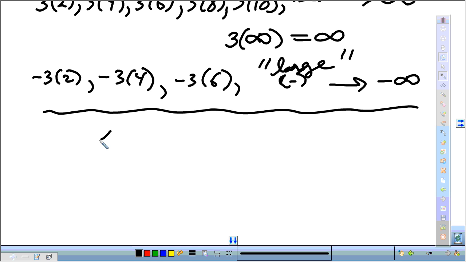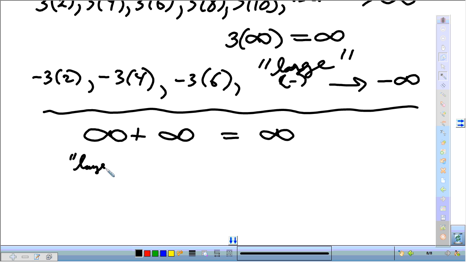So another conceptual arithmetic would be infinity plus an infinity. If we take large numbers, add other large numbers, we end up with large numbers.